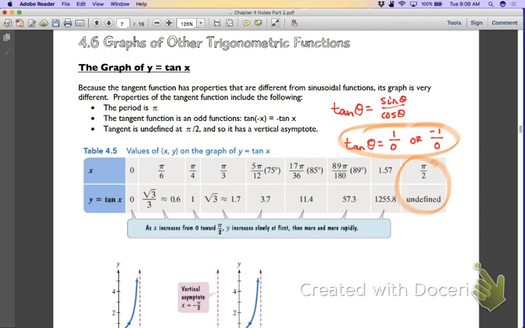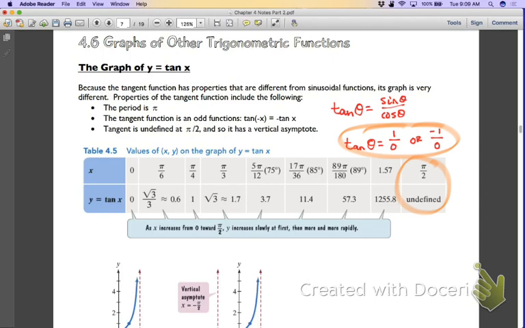At pi over 2, which is basically the two spots on the y-axis, when x is at 0, at that positive 1 and that negative 1 side, it's not going to have a value.